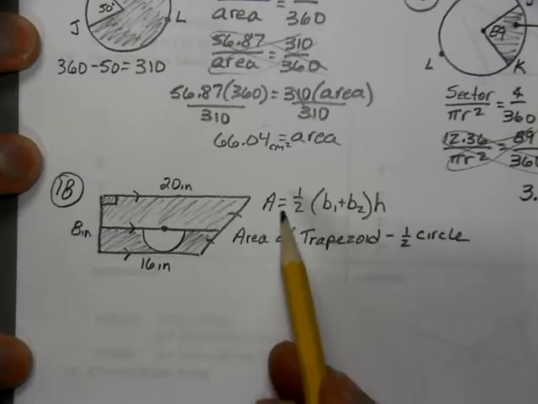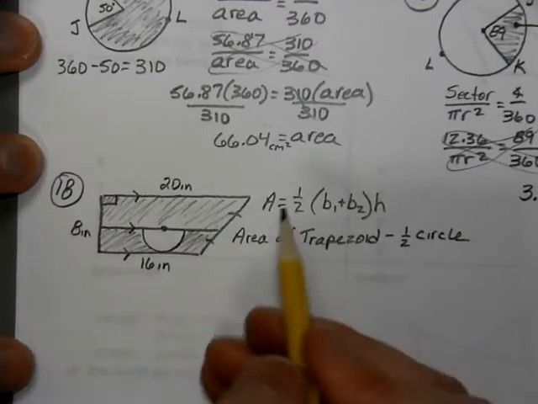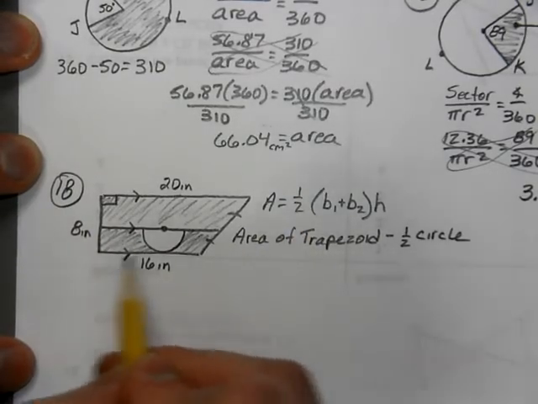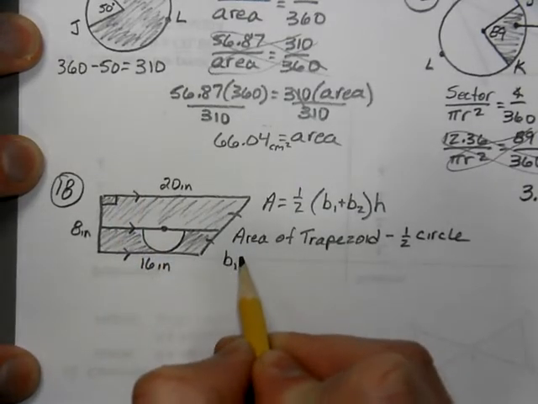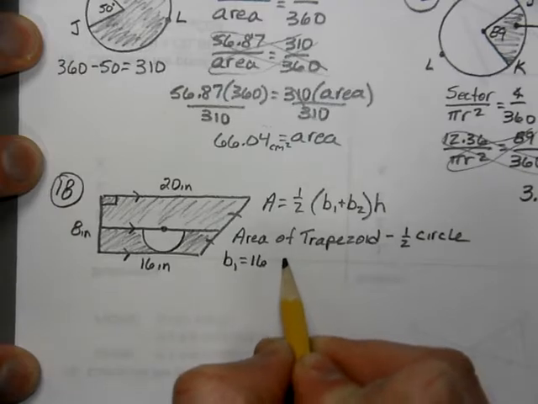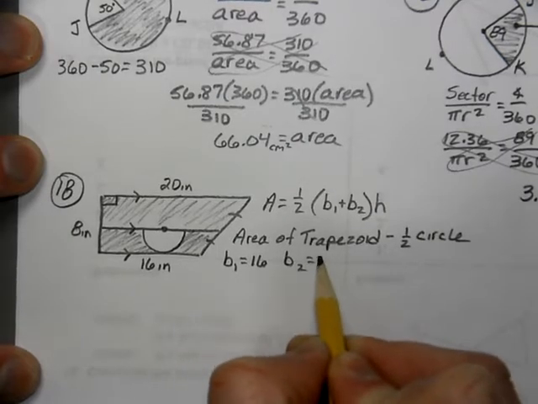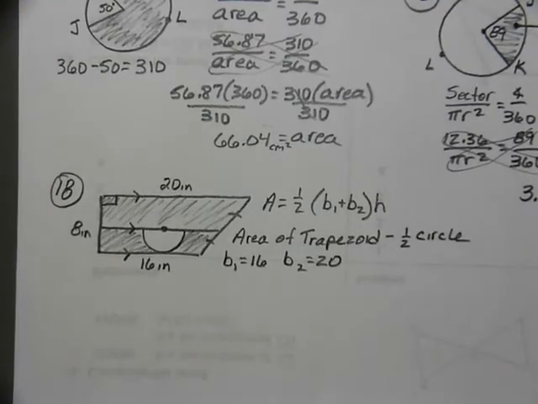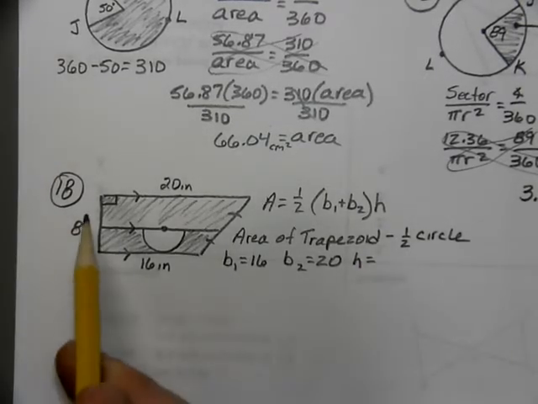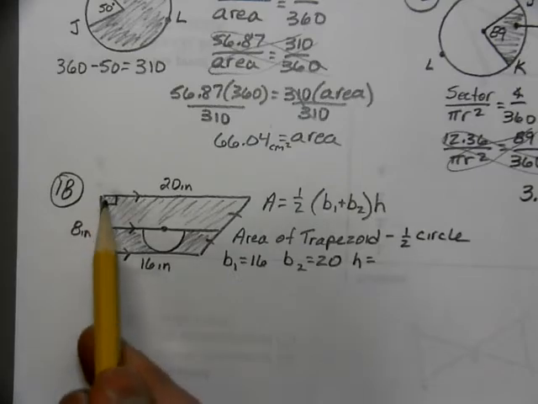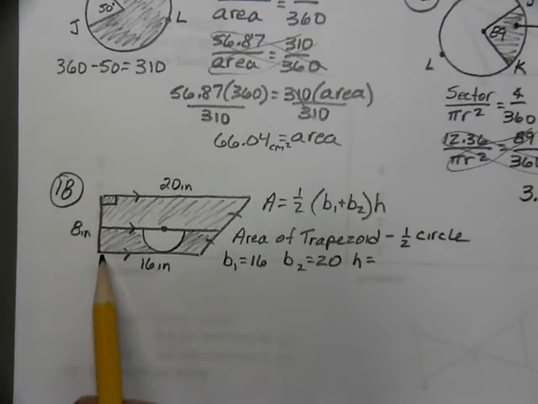So the area of our trapezoid, we know that base 1 is one of the parallel sides. So we'll call base 1 equal to 16, base 2 equal to 20. The height of our trapezoid has to be perpendicular between the parallel sides.